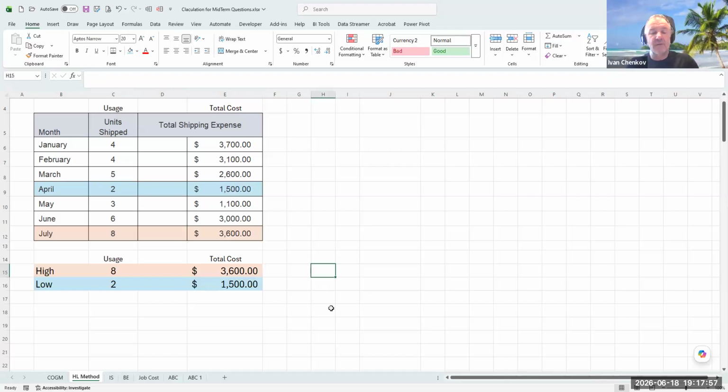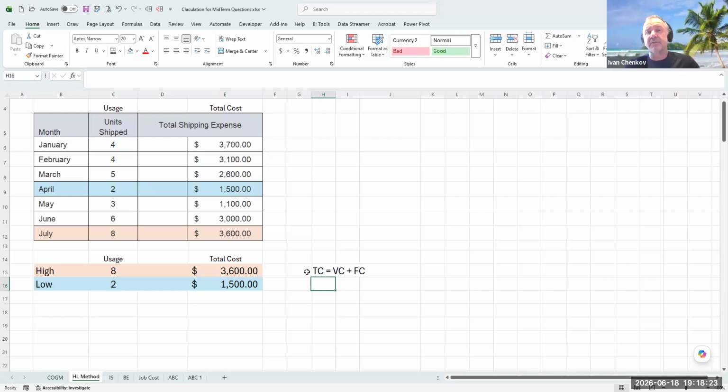What do we know about the cost? I know that the total cost, which is here, total shipping expense, is equal, based on how the cost behaves, I'm always going to have a variable cost and a fixed cost. So I have those two costs in anything. Now what I'm trying to do is find out, can I calculate the variable cost?